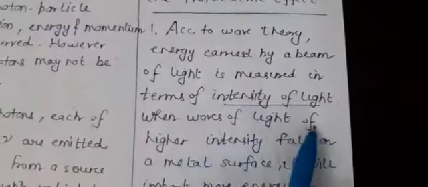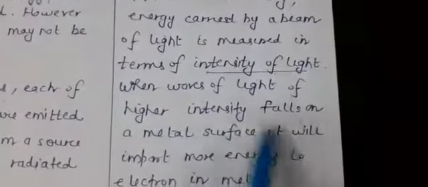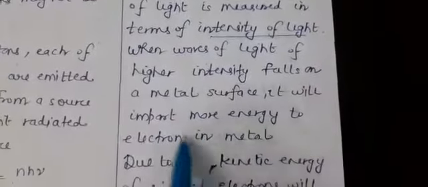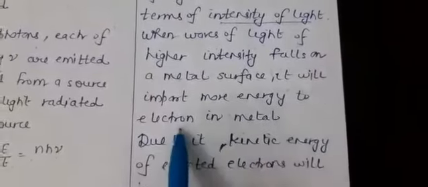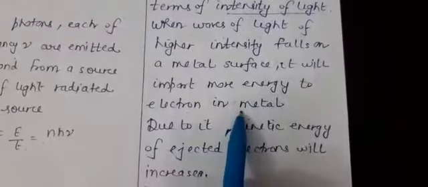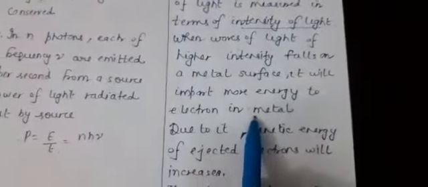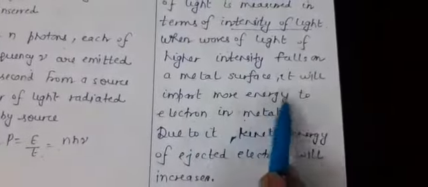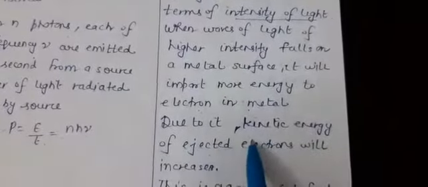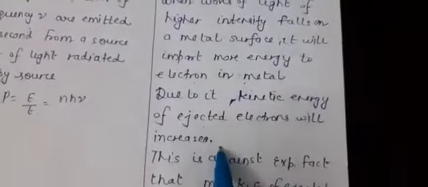When waves of light of higher intensity fall on a metal surface, it will impart more energy to electrons in the metal. देखिए वेव थियरी क्या कहती है कि अगर हम इंटेंसिटी को बढ़ा देते हैं तो इसके कॉरेस्पॉन्डिंग इलेक्ट्रॉन्स को ज़्यादा एनर्जी मिल जाती है। So due to it, kinetic energy of ejected electron will increase.